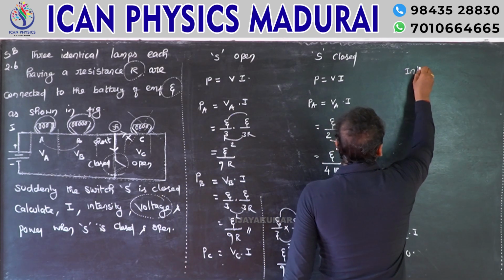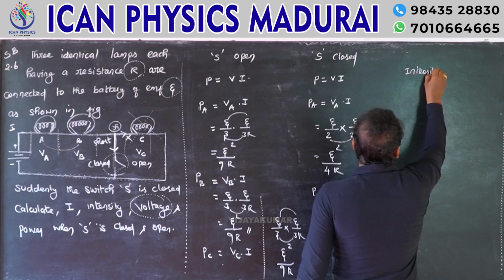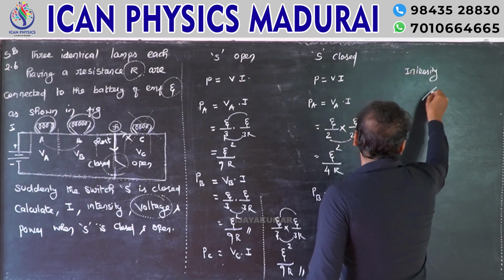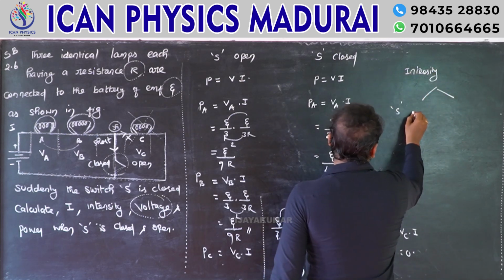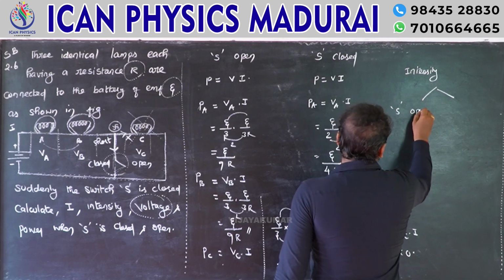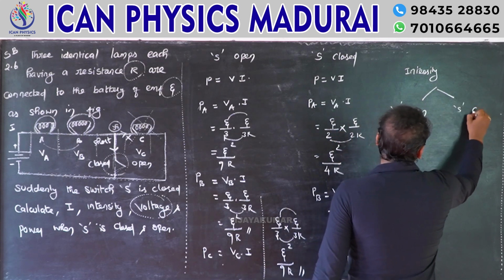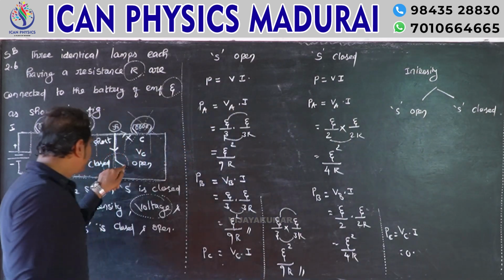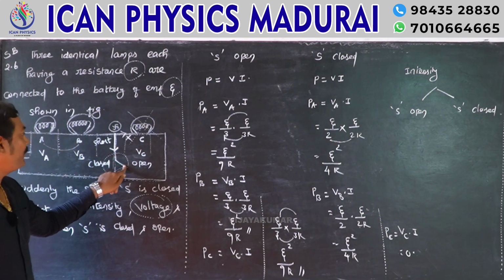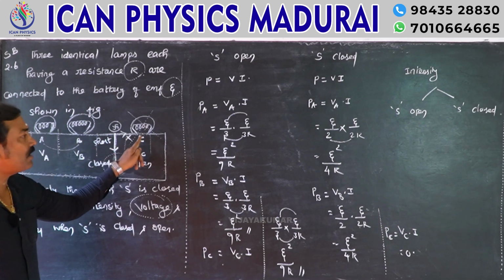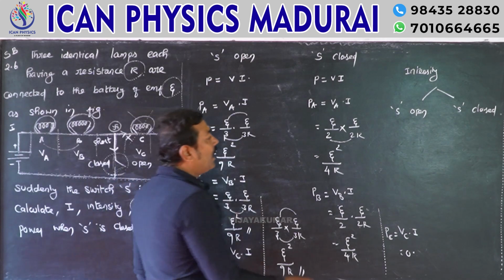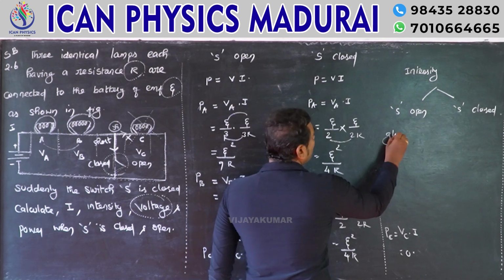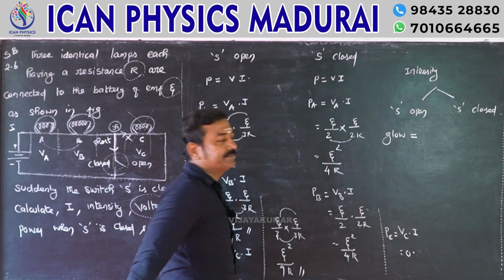Okay, so for intensity, there are two cases: when S is open and when S is closed. When the switch is open, current will flow through all three, so all three glow equally.